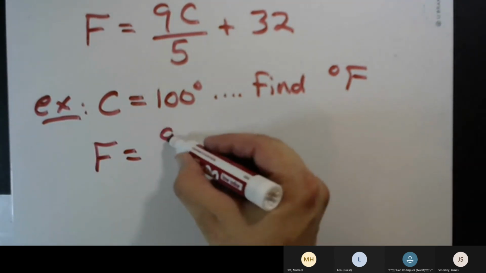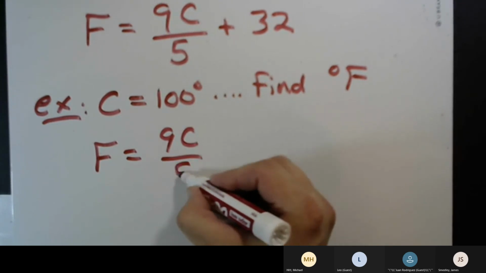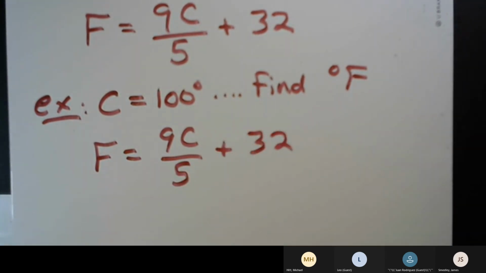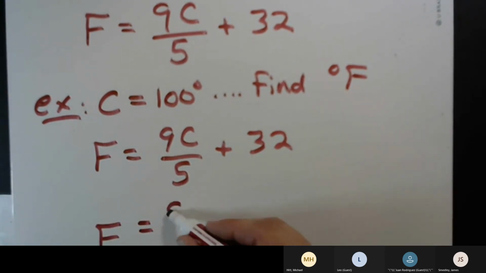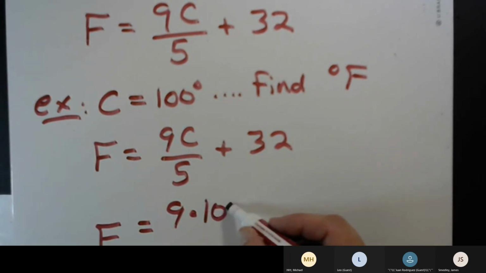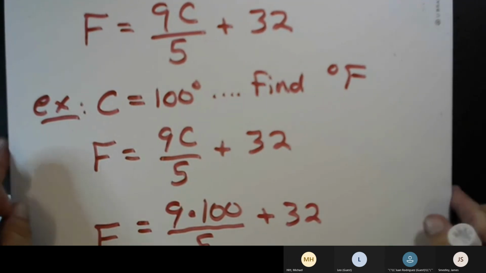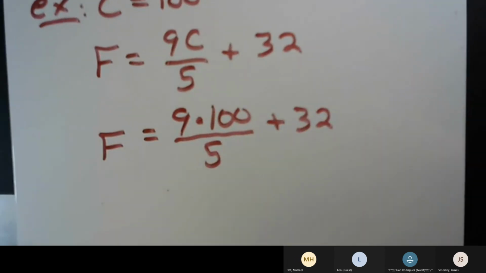So when you hear water boils at 100 degrees, that isn't 100 degrees Fahrenheit. 100 degrees Fahrenheit is how hot it gets in Roswell, say, in summertime, or Phoenix gets like 120 something. We're going to replace the C with 100. No, it's 100 degrees Celsius. So let's find out what that is in Fahrenheit.